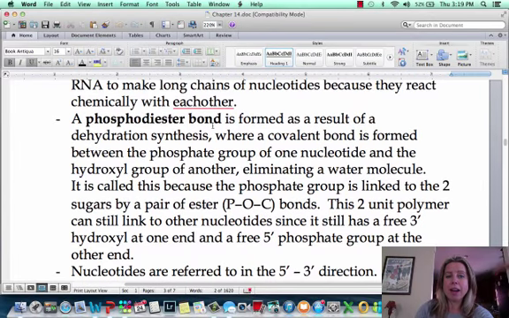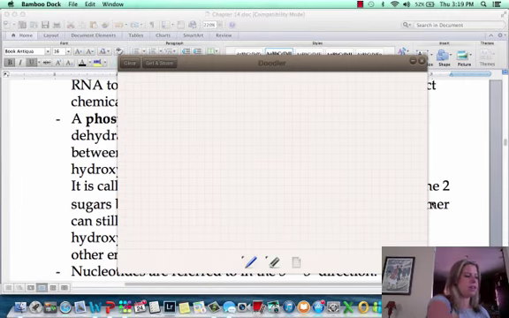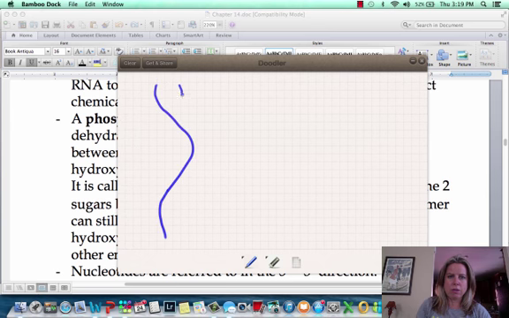Now the type of bond between these is a phosphodiester bond. What I mean by that is, you've seen DNA, and DNA can be drawn like this, and then it looks like a twisted ladder.